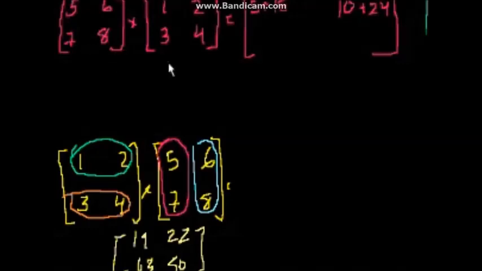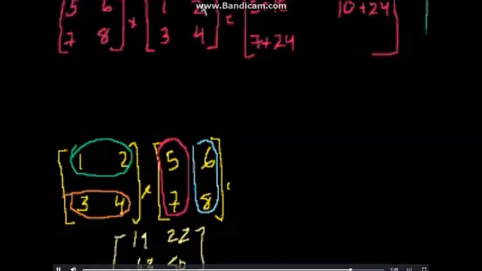Now we're down here for the next one. So when we're doing this element right here, the bottom left is going to use this row and this column. So this is 7 times 1 plus 8 times 3. 8 times 3 is 24. And then finally, to get this element, we're essentially multiplying this row times this column.